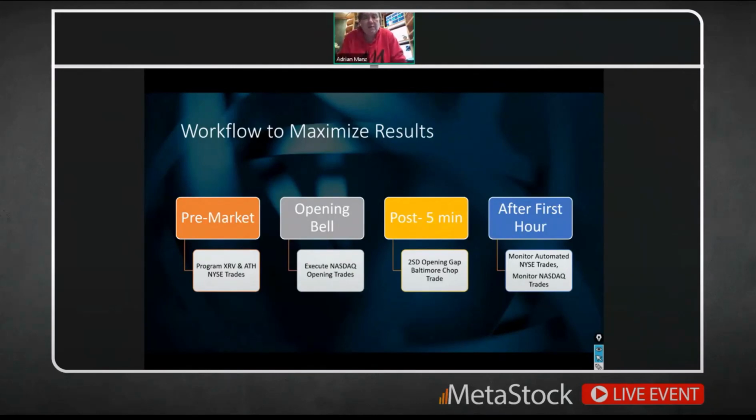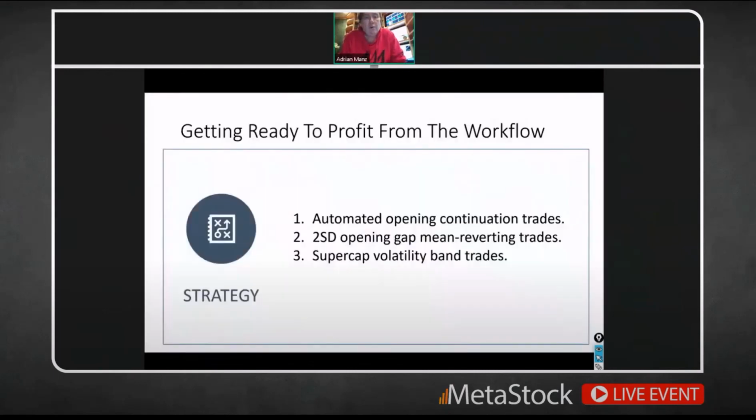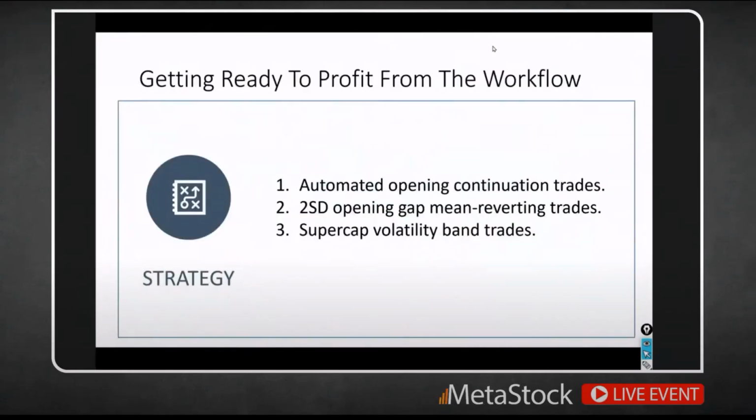After the market closes, I go through, I do my analysis, I figure out what we're going to do the next day. But it's a very straightforward setup where what we're doing is figuring out what the workflow is going to look like, and then we're just going to go and capitalize on, right, automated opening trades, 2SD gap trades, and then the super cap volatility band trades.